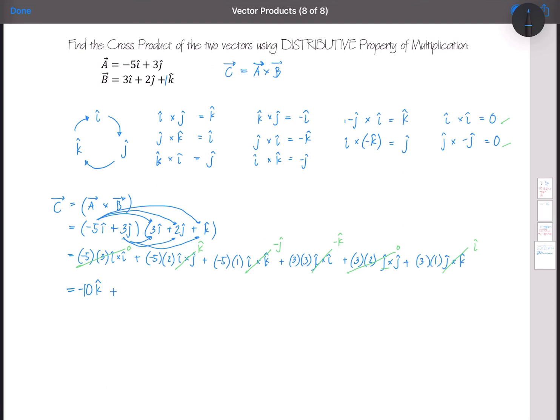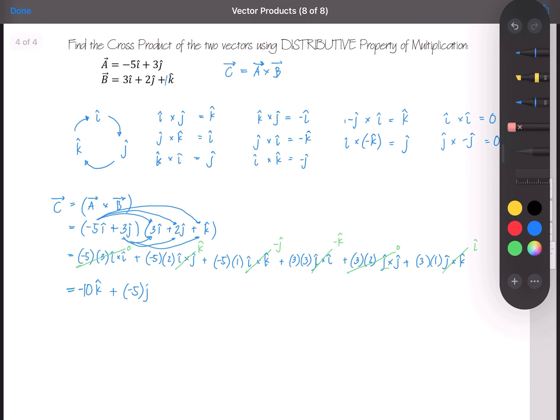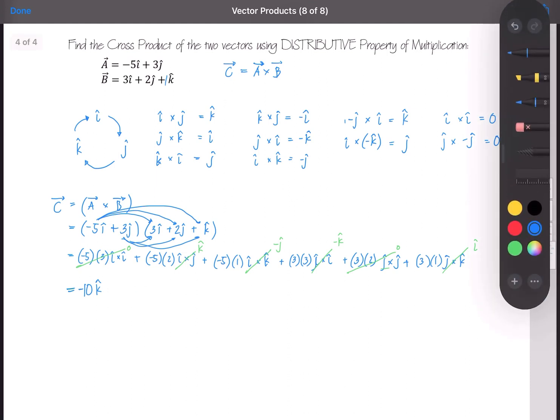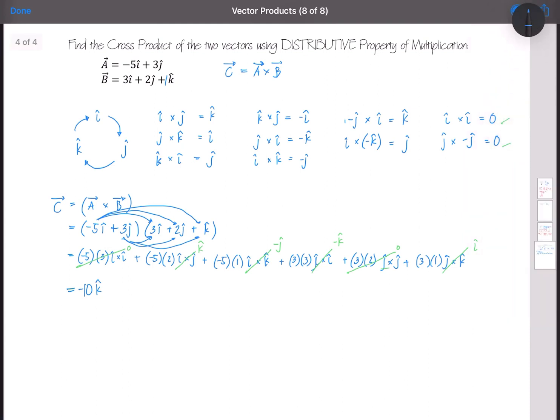Then, the third term: negative 5 times negative j is equal to positive 5 j hat.